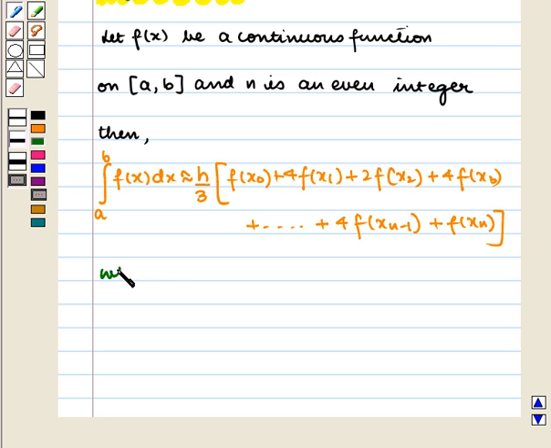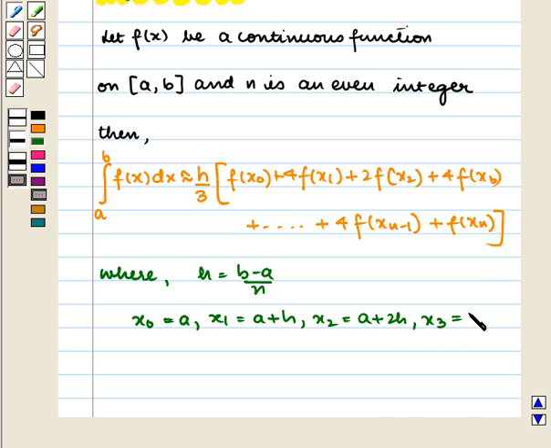where h is equal to b minus a by n and x naught is equal to a, x1 is equal to a plus h, x2 is equal to a plus 2h, x3 is equal to a plus 3h, and so on.